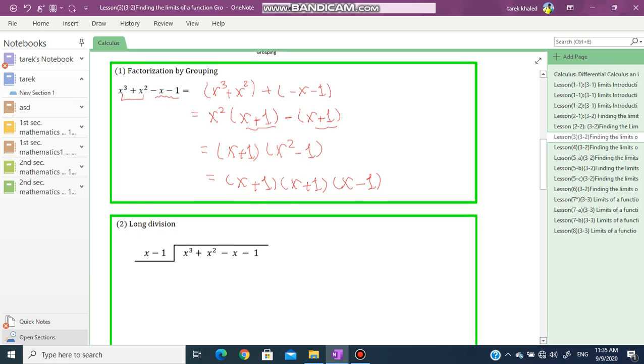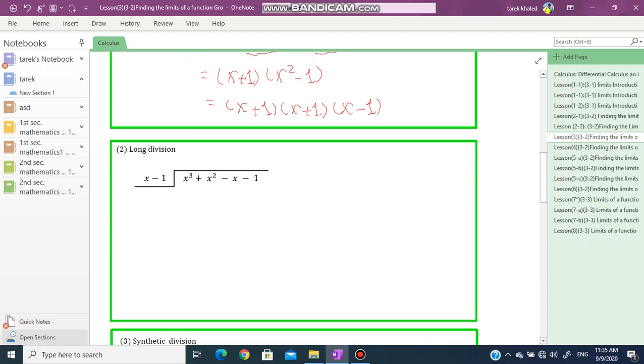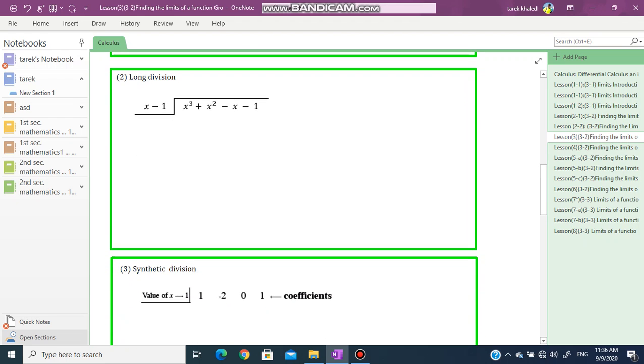Let me remember the long division, how we can use long division to factorize. Look at the example. x power 3 plus x power 2 minus x minus 1, I will divide it by x minus 1.